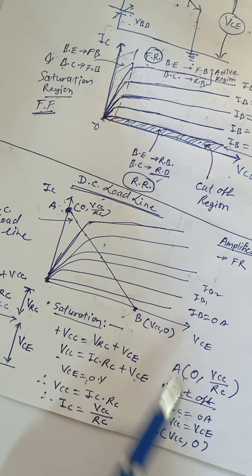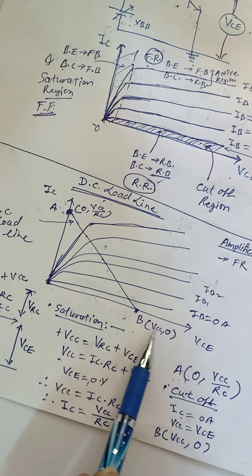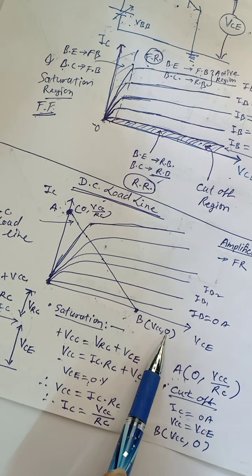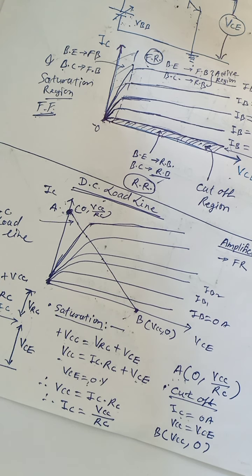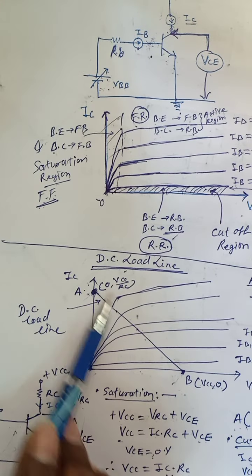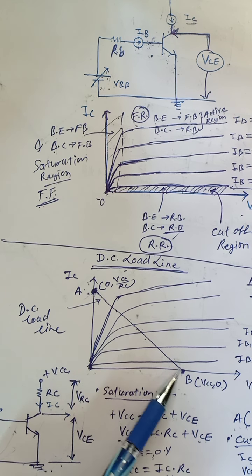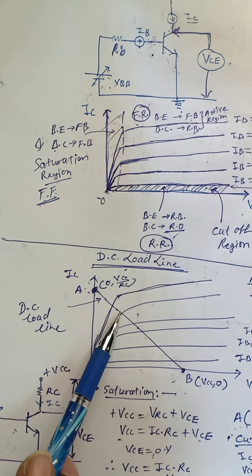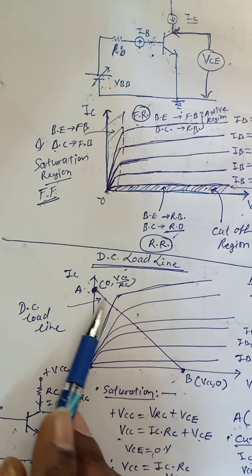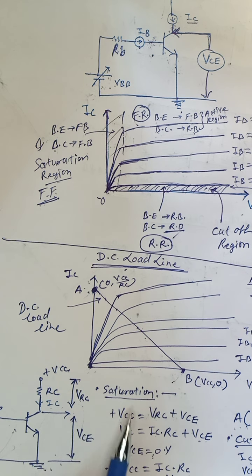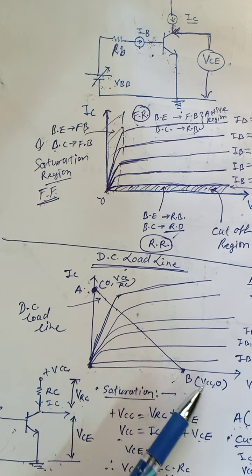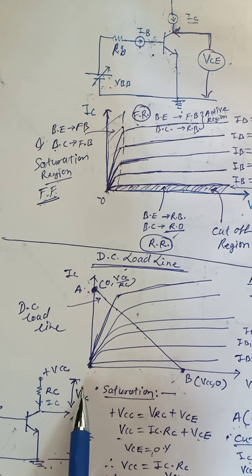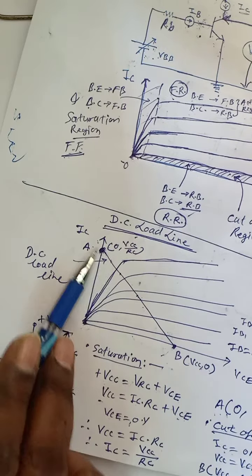So the coordinates of point B are VCC comma 0. By finding these two points, you can join the line on this characteristic curve, and that is the DC load line, which shows the DC conditions of the transistor. When the transistor is operated with conditions A and B set, it operates on this line.